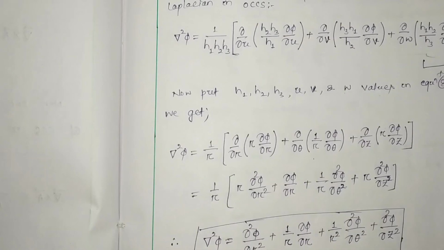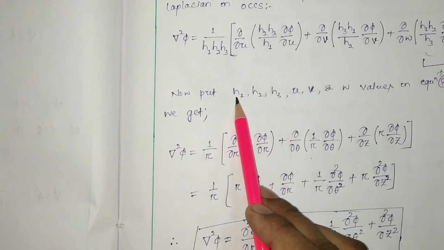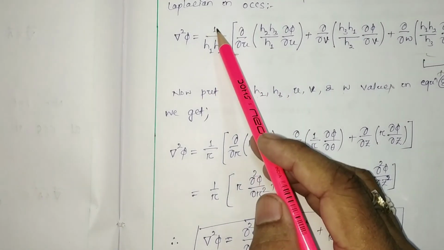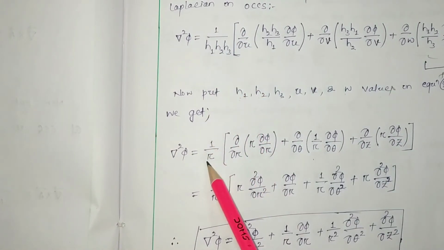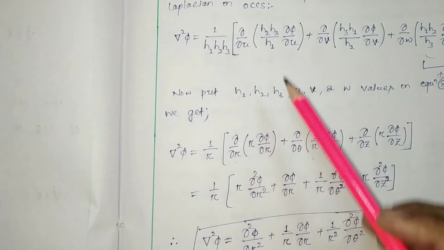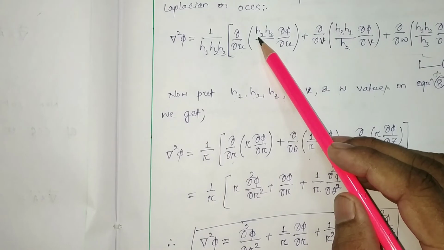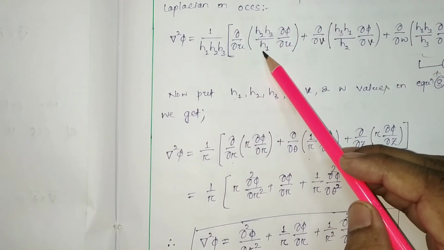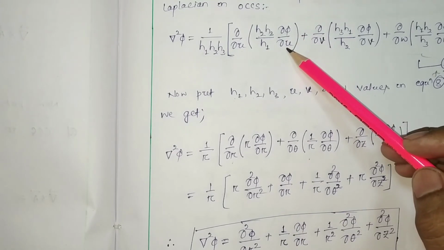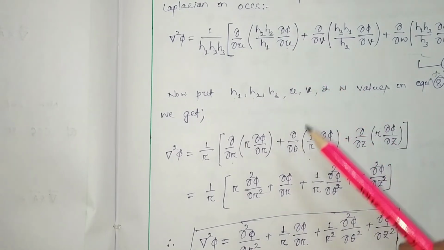Here H1, H2, H3 we found: H1 and H3 are 1, and H2 is r. So 1 by H1 H2 H3 will be 1 by r, del by del u, that means del by del r, of H2 H3 by H1, which is r, del by del r of phi.